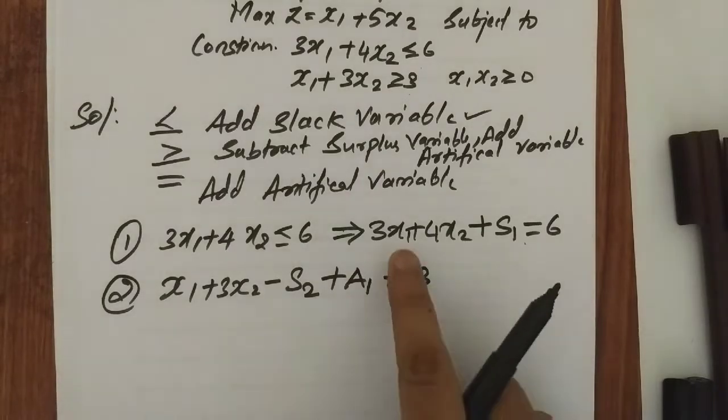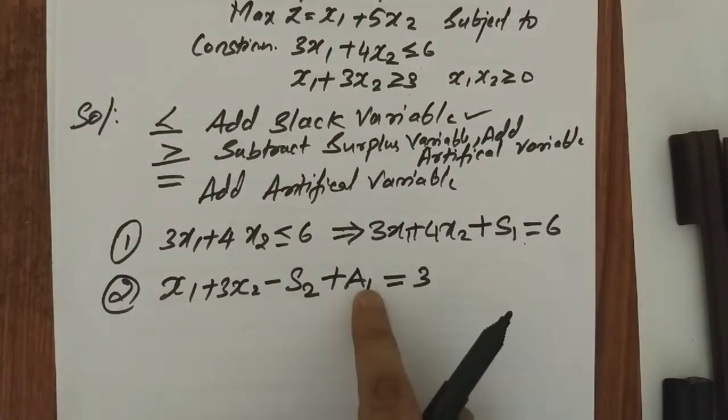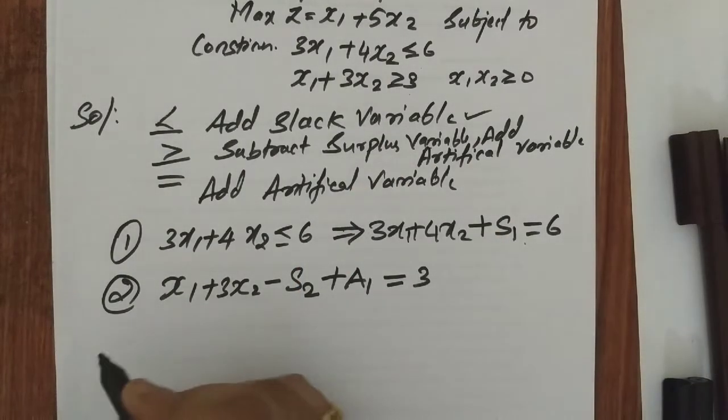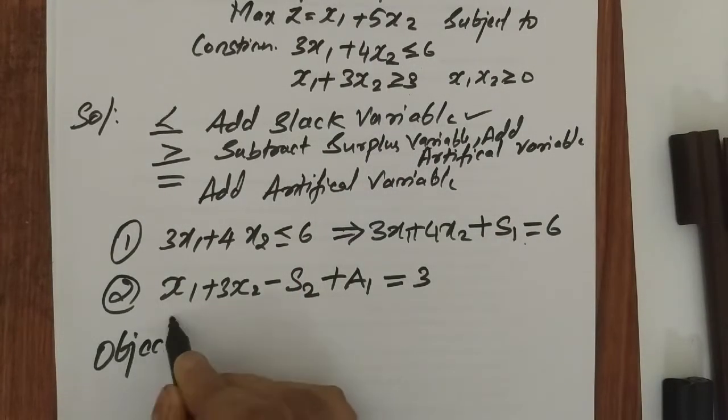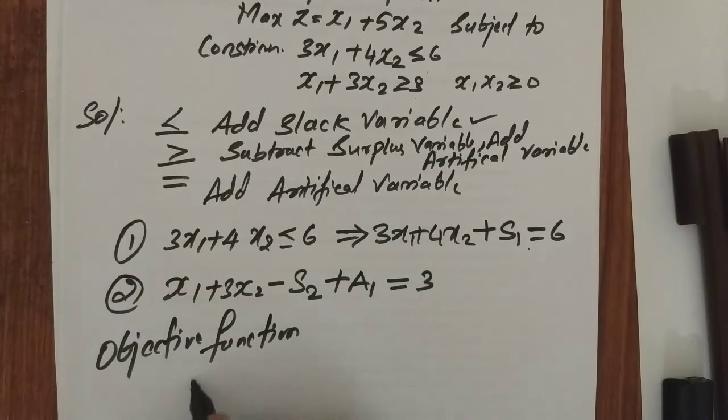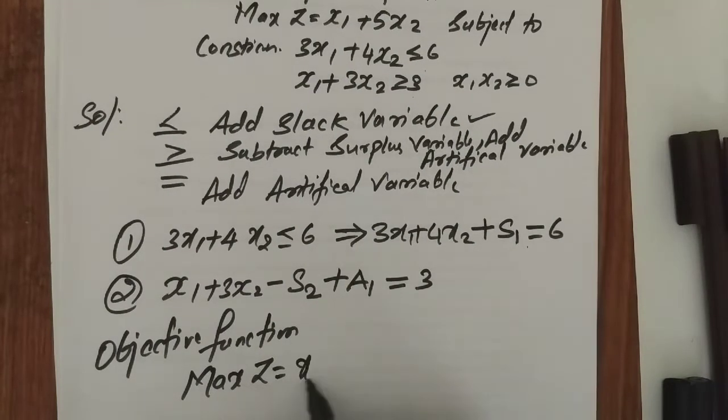Now we have the variables x1, x2, s1, s2, a1, so we need to rewrite our objective function. Max z = x1 + 5x2.